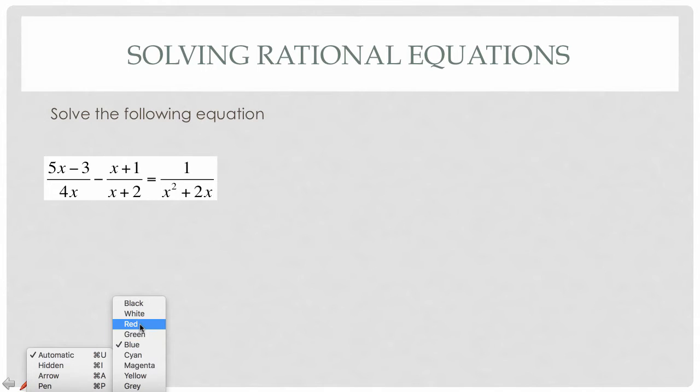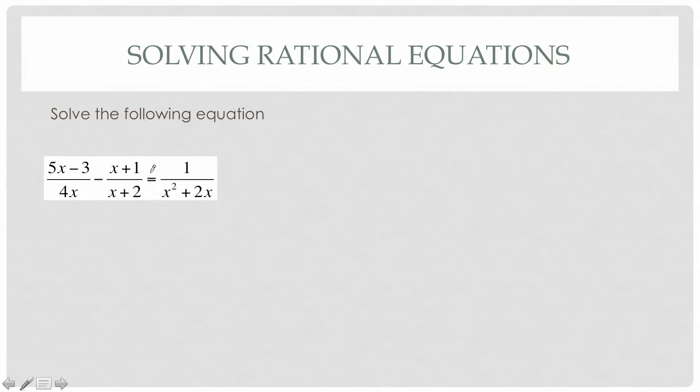So let's look at what we need to multiply out. I need to multiply by a 4 times x to cancel all those out. We have a factor of x plus 2 that we want to have divided out. And then we have x squared plus 2x. Well, that factors into x times x plus 2.